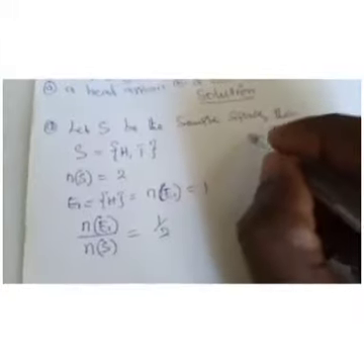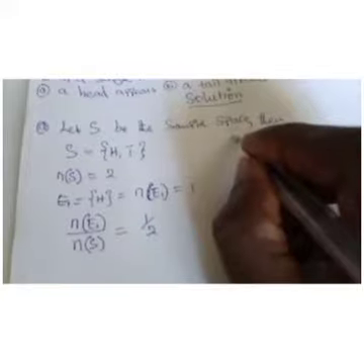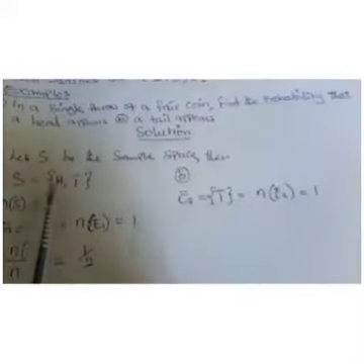So the B part says a tail appears. Since we know the sample space to be 2, let's say event 2 is for the tail, and n of event 2, the number of event 2, is the same thing as 1, because we have one head here and one tail here.